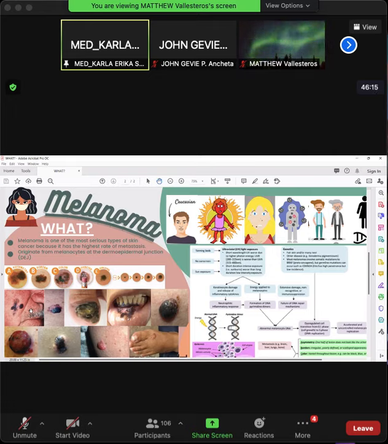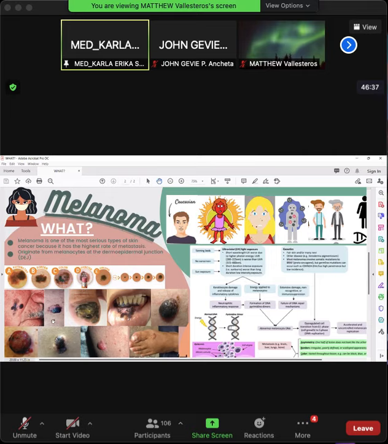Then on the right, the next picture is what we call the superficial spreading melanoma. It is characterized by a buckshot scatter of melanocytes throughout the epidermis. Because of this, the borders tend to be more sharply defined than those of lentiginous types of melanoma.